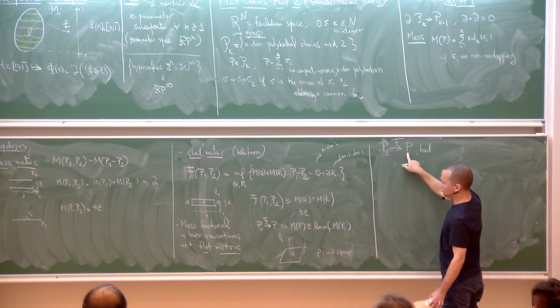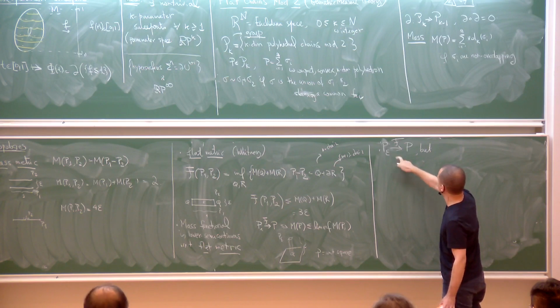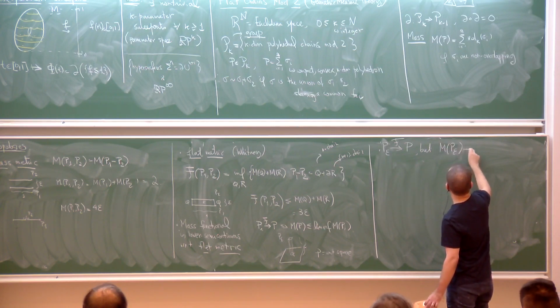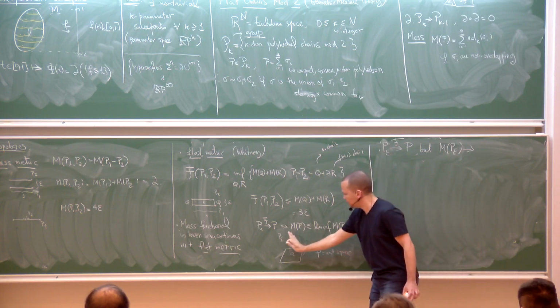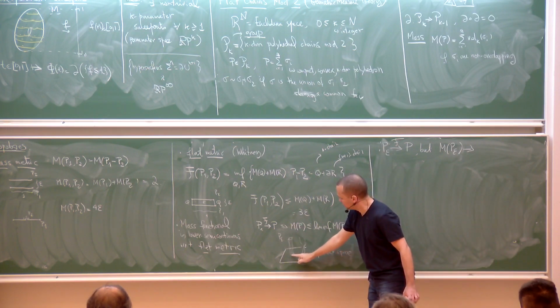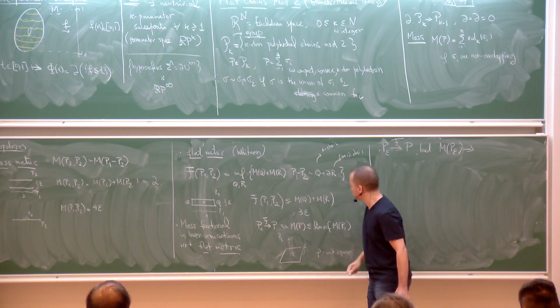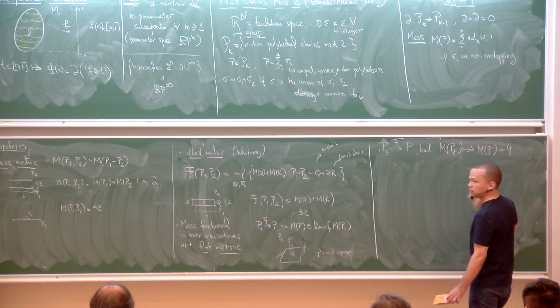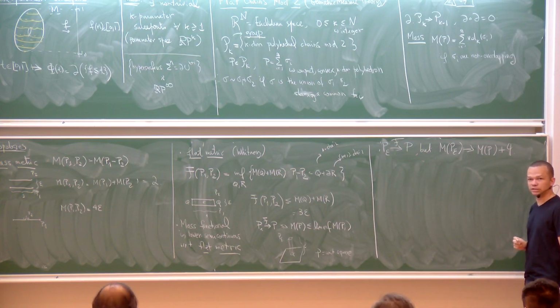So P epsilon converges to P in the flat topology, but the mass of P epsilon is converging to, well, if I compute the area of this guy, I think each side contributes area 1, so this is going to the mass of P plus 4. Okay, so the mass is not continuous with respect to the flat metric.